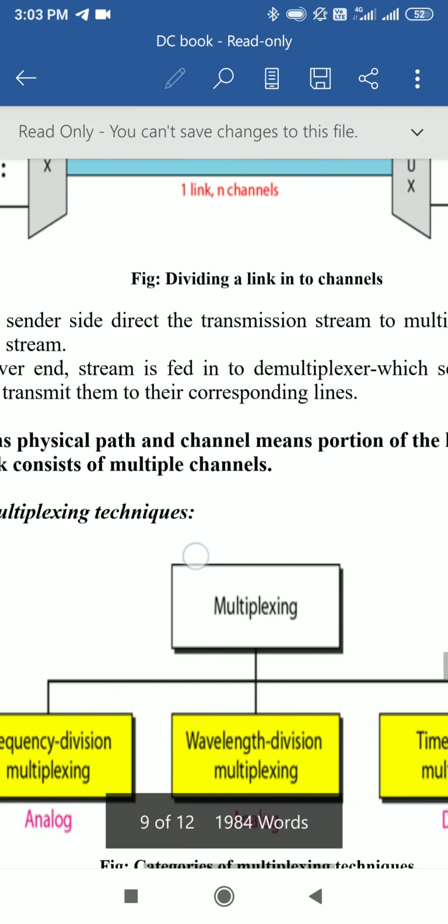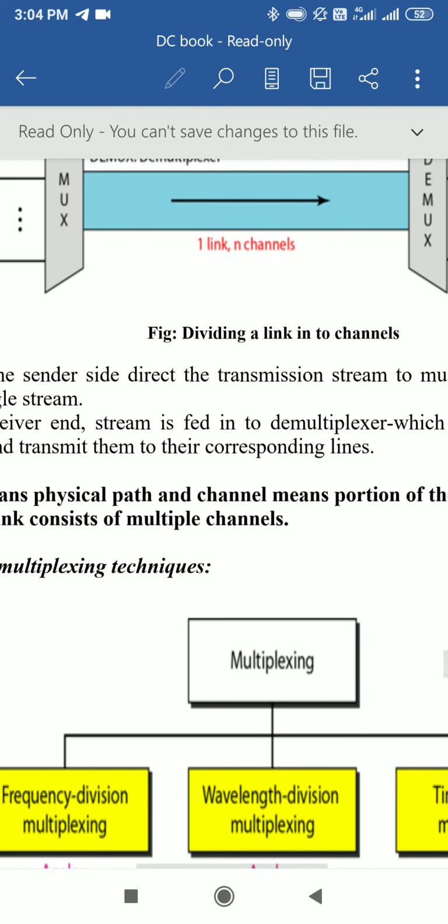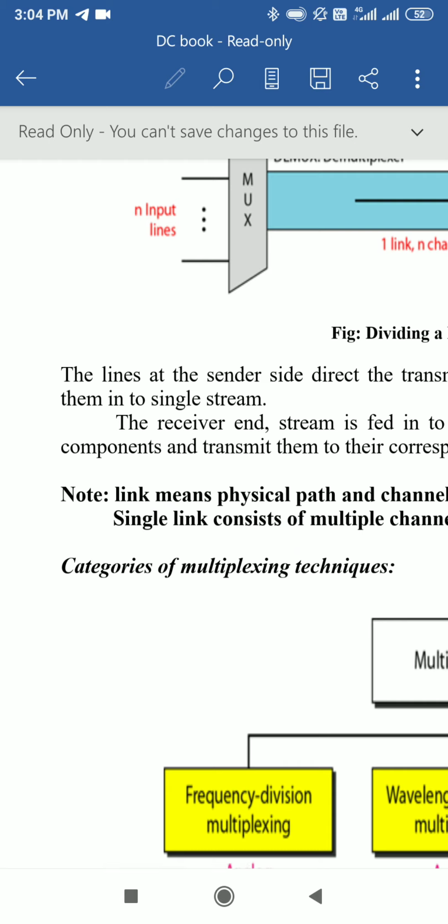And the channel is nothing but the portion of the link which is used to carry the data stream. In the concept of multiplexing, we are going to divide a single link into various number of channels.